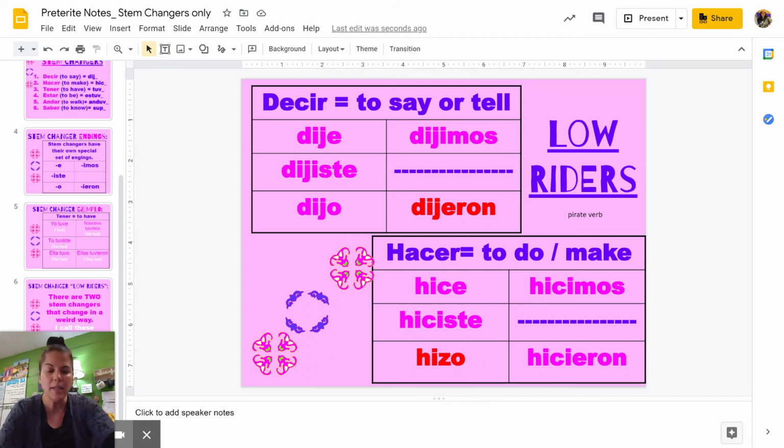And so when you said it, it would be hice, hiciste, hico, etc. And that's just yucky. So in Spanish, it likes to be consistent in how it sounds. So whoever invented all these irregularities decided putting a Z was the best way to make it consistent sounding. So when you're speaking it, you can't even tell it's irregular. Hice, hiciste, hizo, because the Z makes an S sound in Spanish.